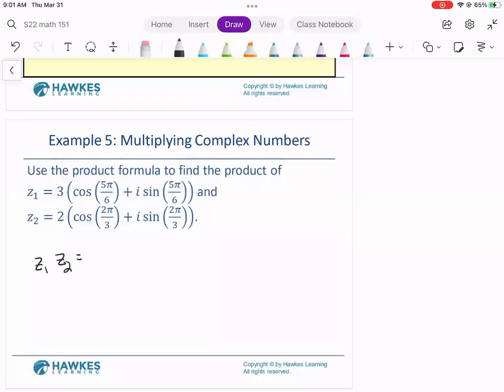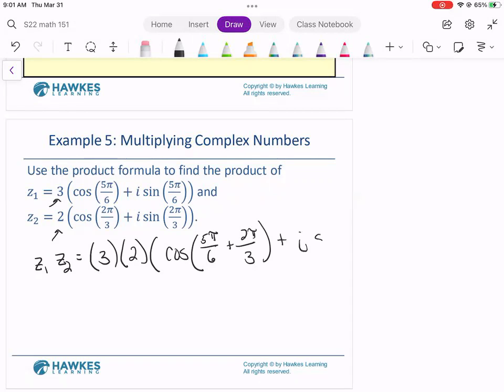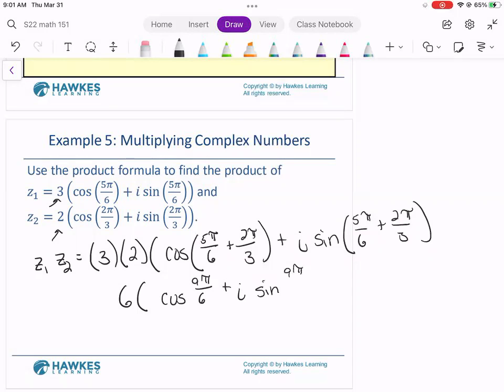And using our formula from above, it's going to be the magnitude of Z1, which is our 3, times the magnitude of Z2, which is 2, times the cosine of the sum of the arguments, 5 pi over 6 plus 2 pi over 3, plus i times the sine of 5 pi over 6 plus 2 pi over 3. As we simplify that, 3 times 2 gives us 6, times the cosine of 9 pi over 6, plus i times the sine of 9 pi over 6.